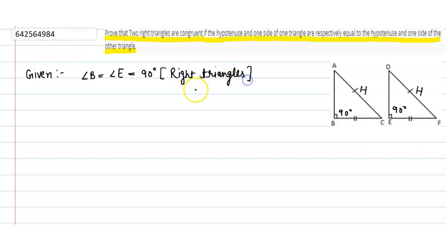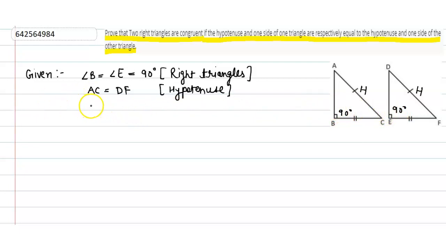Now, the second thing given is that the hypotenuses are equal. AC is equal to DF, because both are hypotenuses. AC is the hypotenuse of triangle ABC and DF is the hypotenuse of triangle DEF.